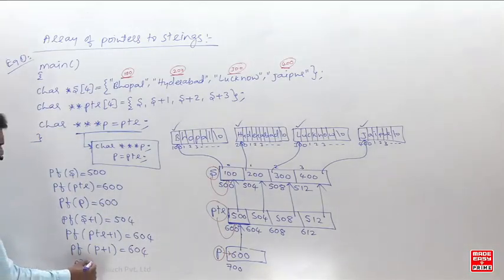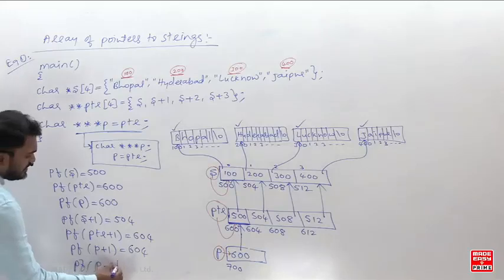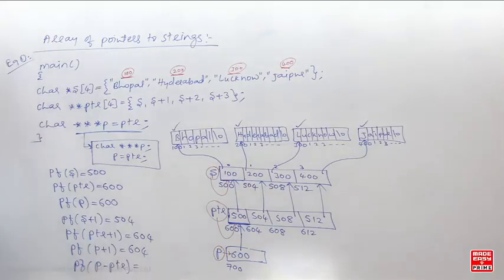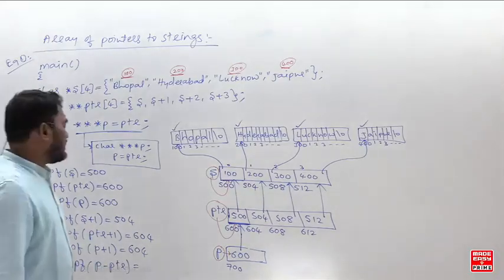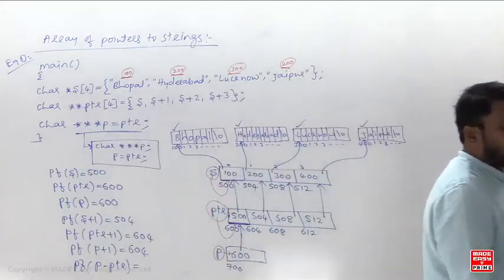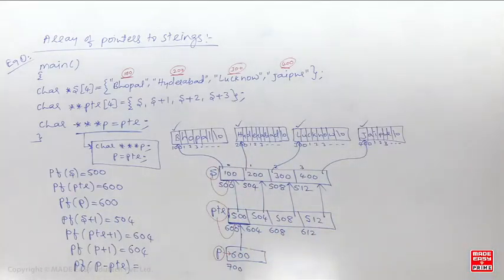Now, if I say printf p minus ptr, is it allowed or not allowed? Tell me. Om Pratik, you are saying 601. I don't understand, what is this 601?